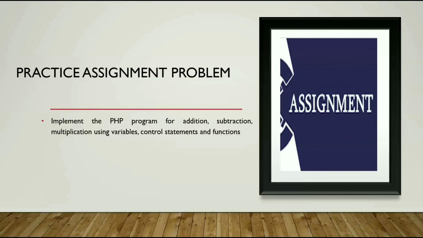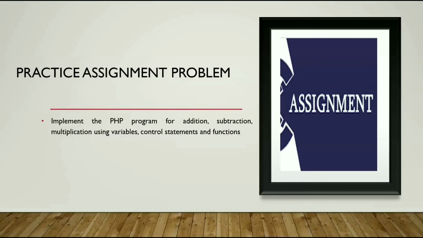After reviewing the concepts of variables, different control structures and functions, you can practice one assignment program: implement a program for addition, subtraction, multiplication using variables, control statements and functions. We have to write a function for addition, subtraction, multiplication.